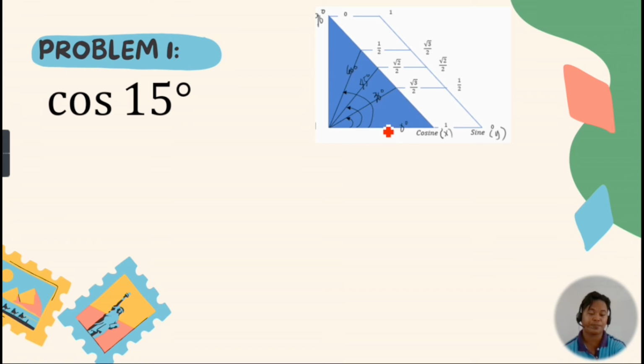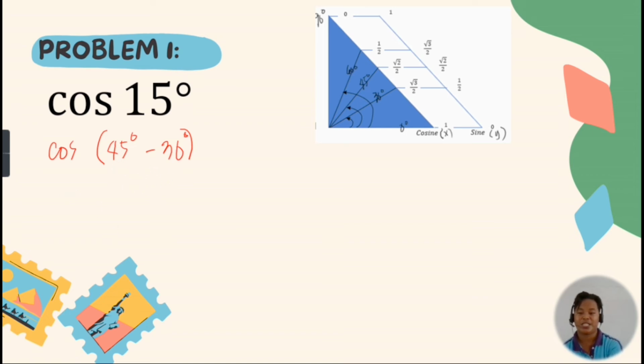We're going to use 45 degrees and 30 degrees. So cosine 15 can be written as cosine of 45 degrees minus 30 degrees, since 45 minus 30 is equal to 15.